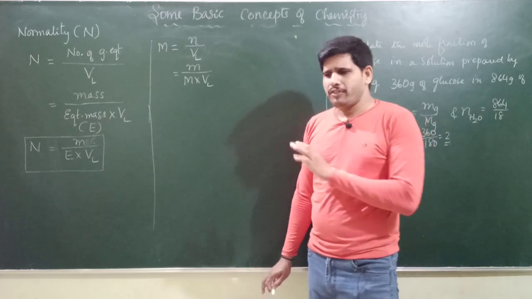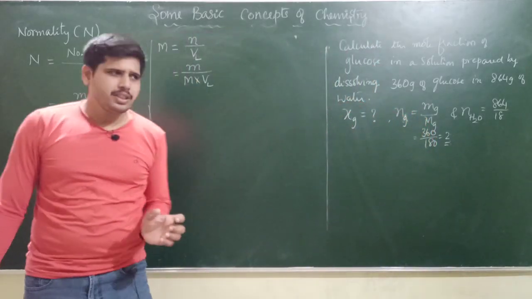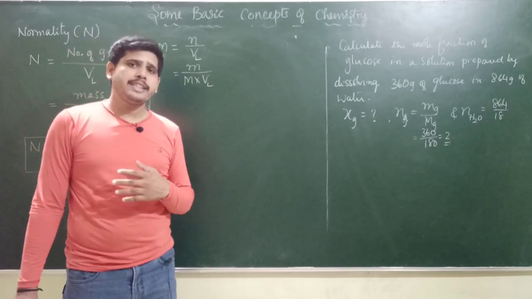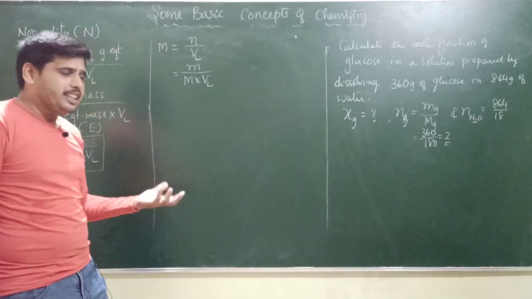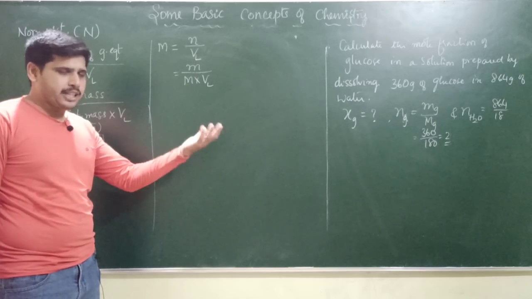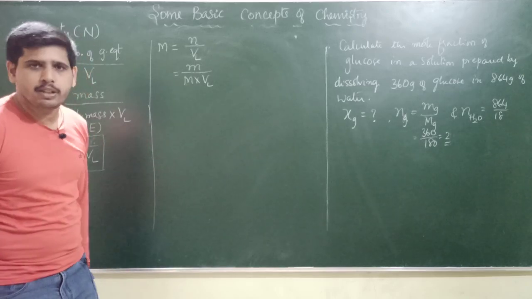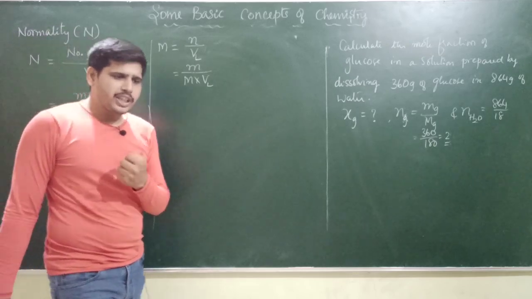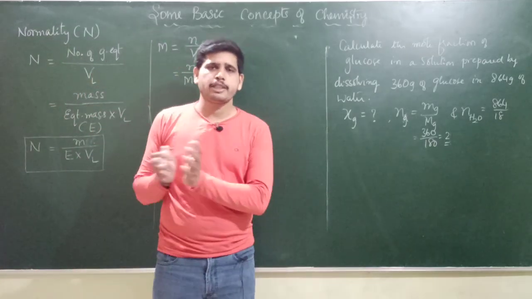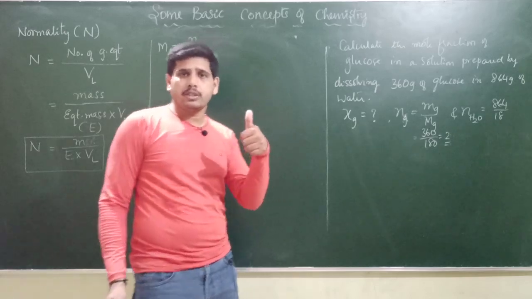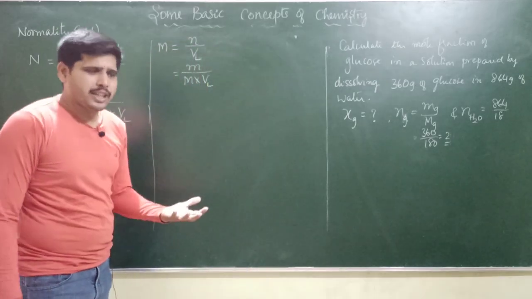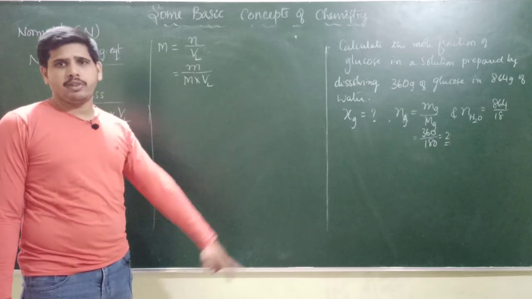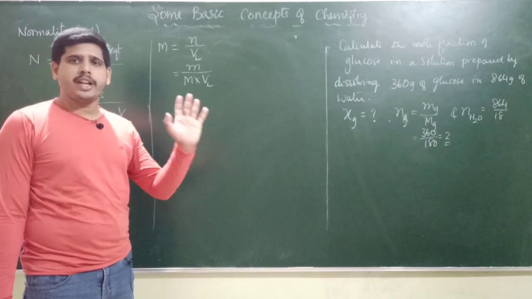It is, definition wise, the mass of any substance which displaces or deposits, I can say, which displaces or which removes or which combines with, I can put that as well. So what is the mass of the substance which is going to get combined with or which is going to displace 1 part by mass, that means 1 gram, let us assume, of hydrogen or 8 gram of oxygen or 35.5 gram of chlorine.